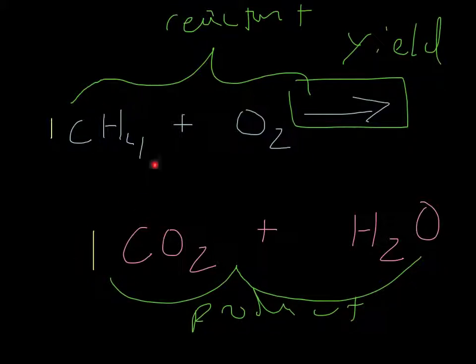Well, we also see that there's 4 hydrogen in this 1 methane. So that means there's 2 hydrogen per water molecule. So that means we need 2 water molecules, because 2 times 2 would make 4 hydrogens total. So we see from the 2 oxygen here and the 2 times 1 there, that makes another 2.